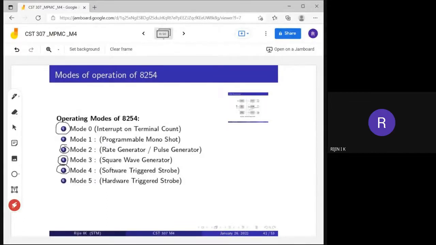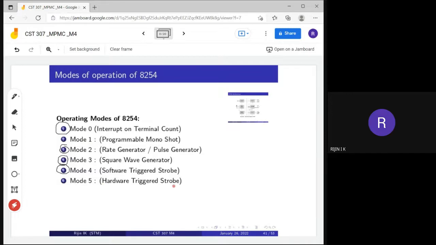But in mode 1 and 5, the gate signal acts as a trigger pulse. Trigger pulse means first you load the count value, then it will start decrementing only when the rising edge of the gate signal occurs.